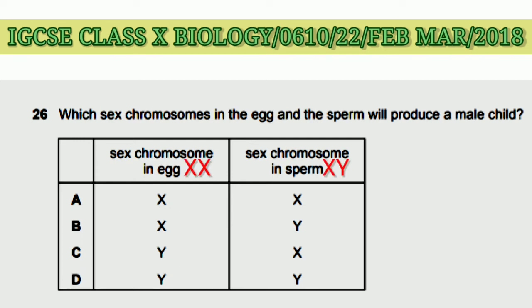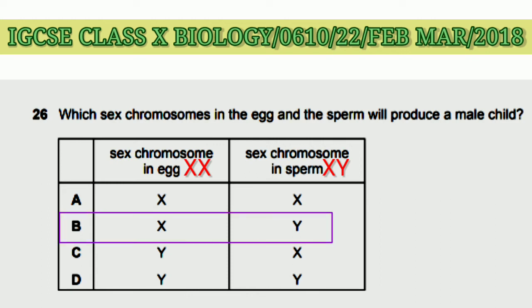So we have to choose from option A and B. And sex chromosomes in sperm are X and Y. But to produce a male child, the sex chromosome from sperm should be Y. So the correct answer here is B. Sex chromosome in egg X and sex chromosome in sperm Y will produce a male child.